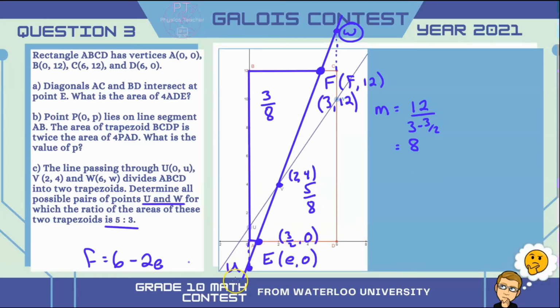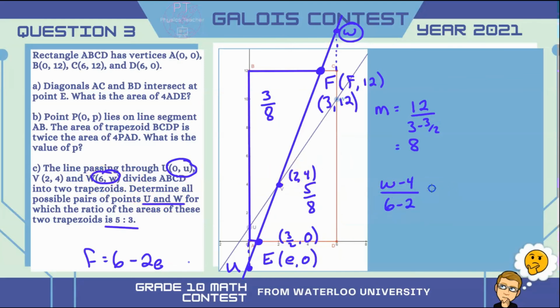So we're going to go back to u, where the coordinates of u are (0, u), and the coordinates of w are (6, w). So let's look at v and w. So rise over run, we have the difference in our y coordinates, which is w minus 4, divided by the difference in our x coordinates, which is 6 minus 2.